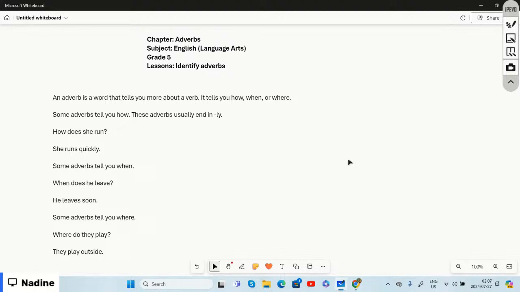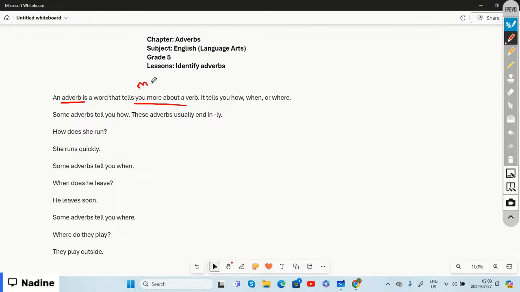And if we look at some of the adverbs, right? Some of the adverbs we see that it tells us how, right? And adverbs that tell us how, they usually end in ly. So if we specifically have a word, right, an adverb, then that word will end in ly. Because firstly, we said an adverb, it's a word that tells you more about the verb.